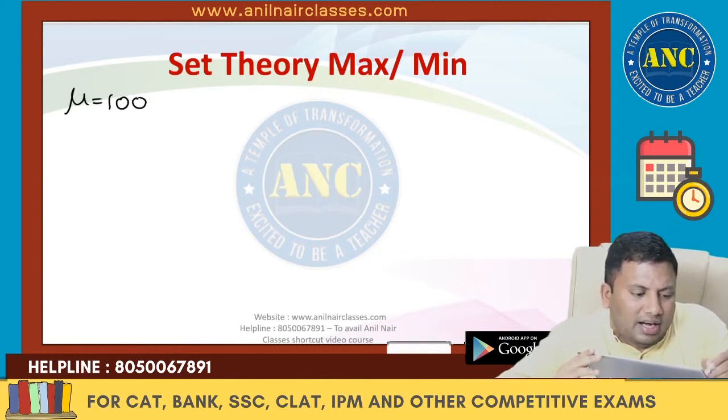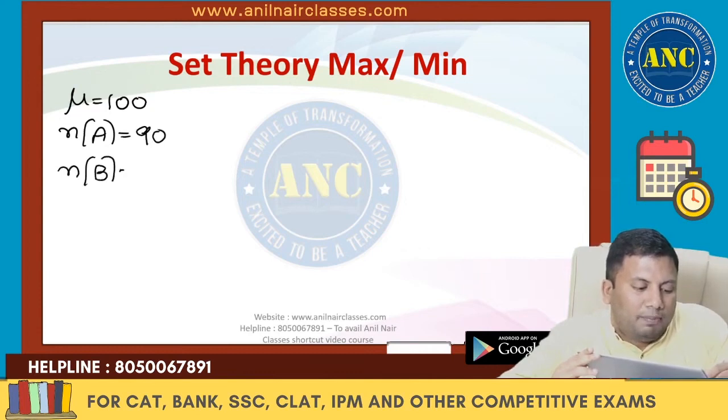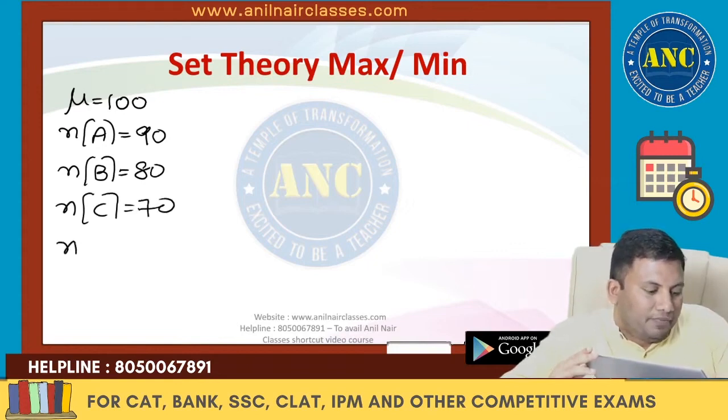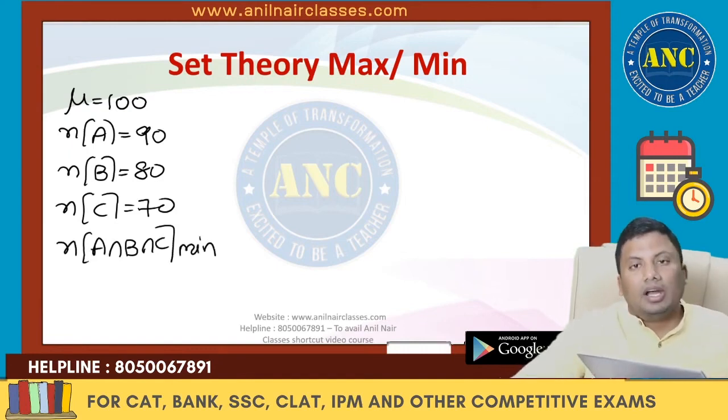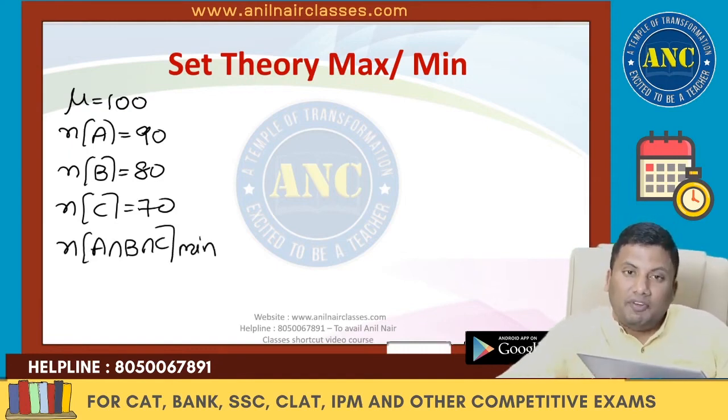Mu is 100. N of A is 90. N of B is 80. N of C is 70. N of A intersection B intersection C, minimum. Listen very carefully.